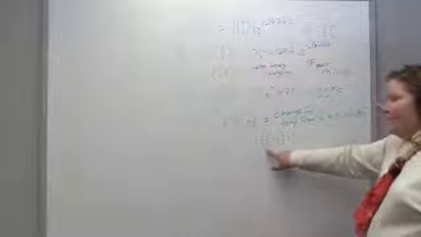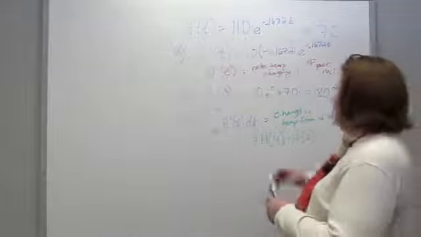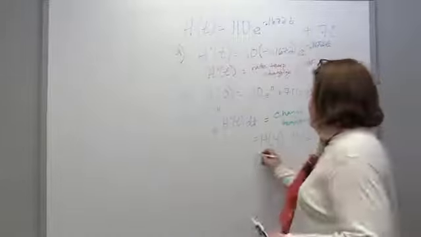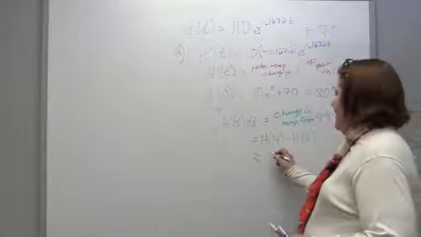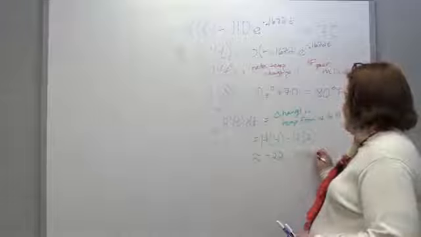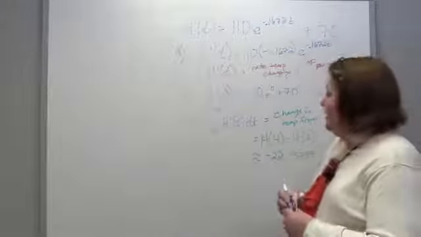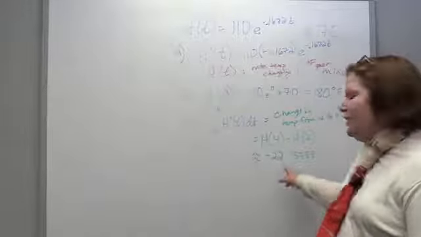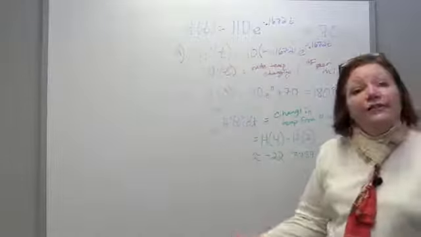All right, so when we plug things in very carefully into a calculator, we get that this is, when we round it, about negative 22.3789. So what does this mean? It means that between the 2nd and 4th minute, the temperature decreased by a little over 22 degrees Fahrenheit.